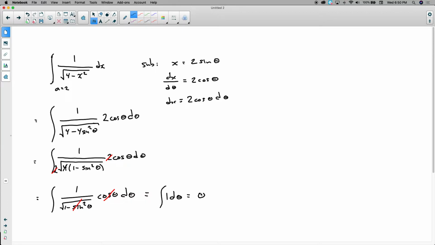And again, I get theta plus c, but you have to be a little careful with converting this one. So I'll point out that dividing by 2 isolates the sine theta, and then the idea is that the inverse of sine, the arcsine of x over 2, is theta.